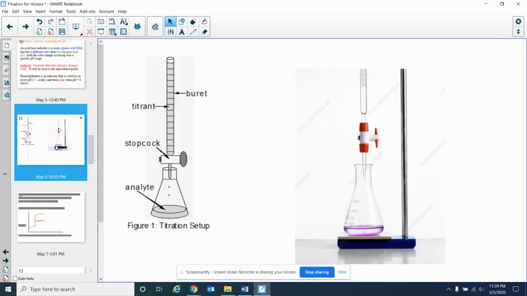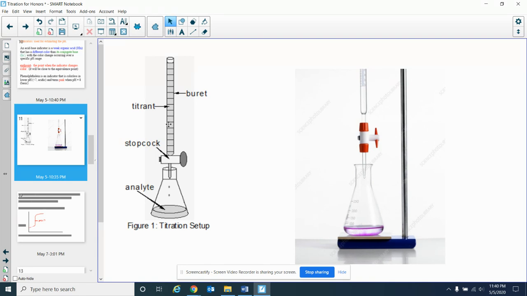If we were actually doing this in lab, which you would be if we were in class, I'm going to demonstrate titration for you in the next session. But we use what's called a burette to accurately measure volume, the big, tall glass burettes.